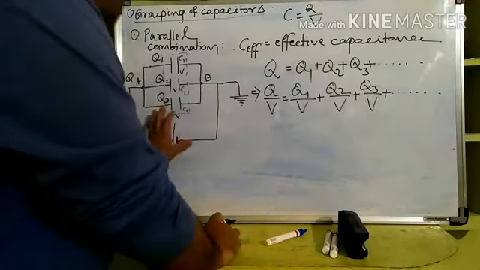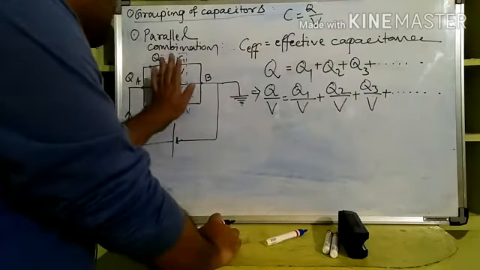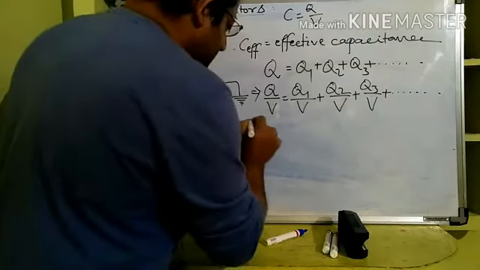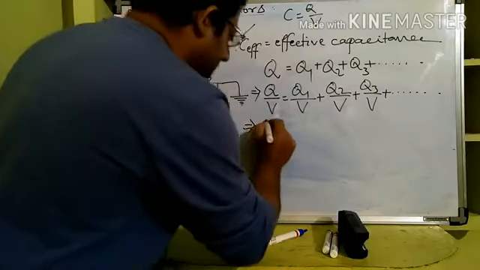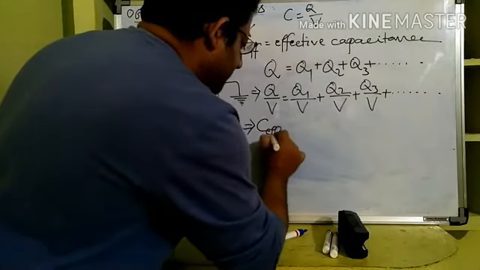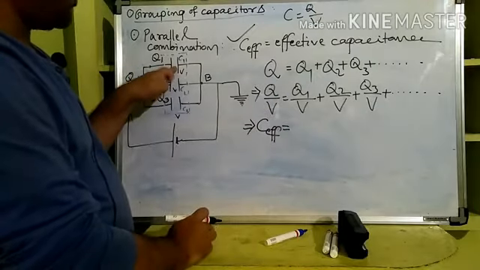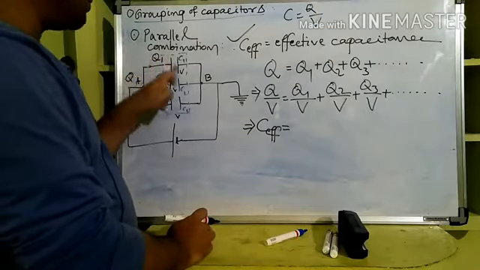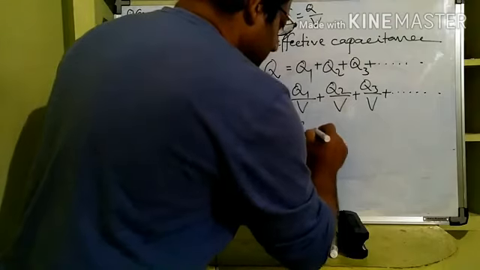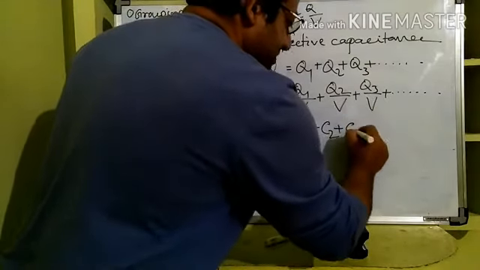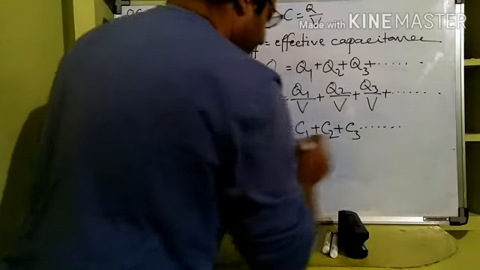So if this entire combination of capacitors is equivalent to one capacitor only, that capacitance which we call C effective is equal to Q1 by V, which is C1, isn't it? For capacitor 1, C1 is equal to Q1 by V. Similarly, Q2 by V is C2, plus Q3 by V is C3, and so on.